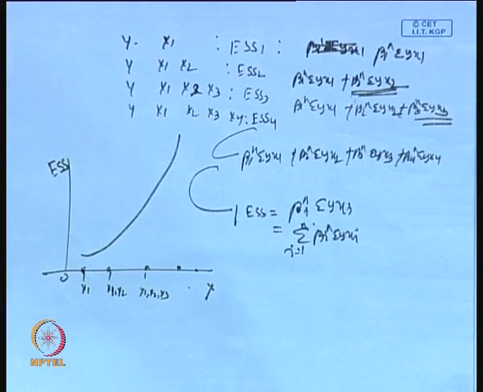Whether it is y on x1, or y on x1 and x2, or y on x1, x2, x3, in every case your TSS will be the same. So, the problem is only for ESS. Since ESS is changing at an increasing rate and TSS is constant, by default R square cannot be low, and followed by that, F cannot be insignificant, or F value cannot be low.